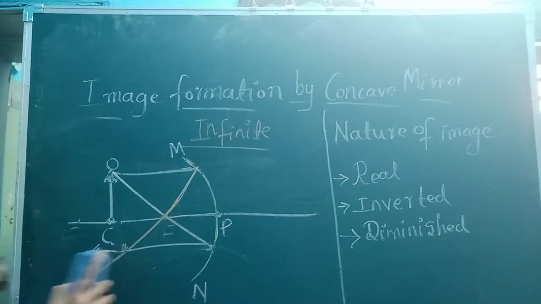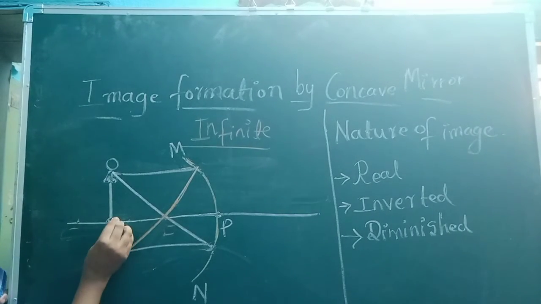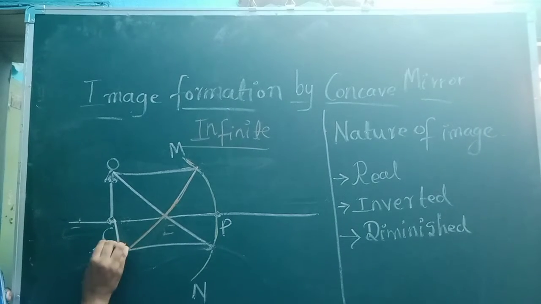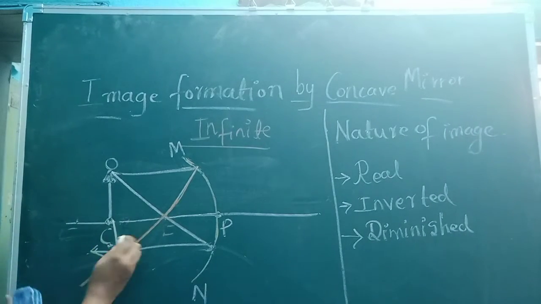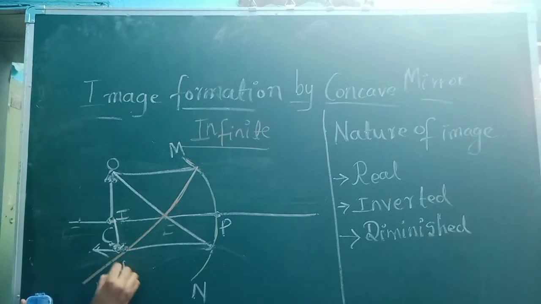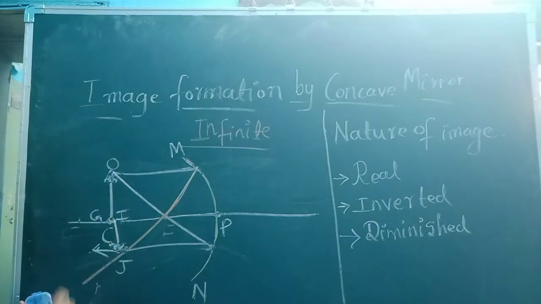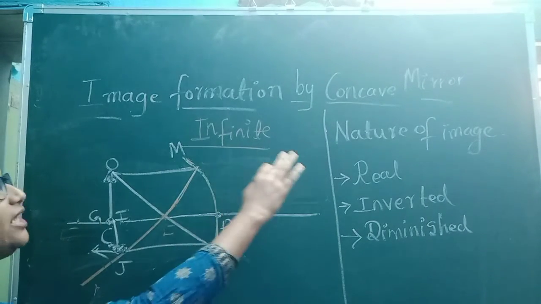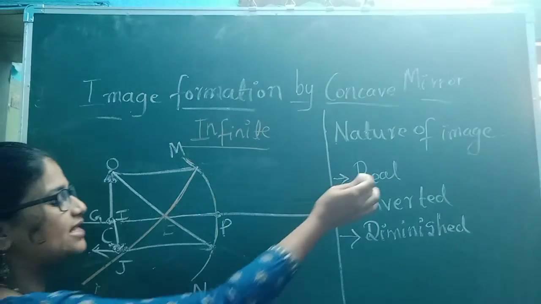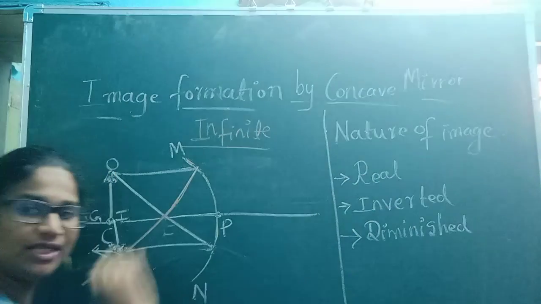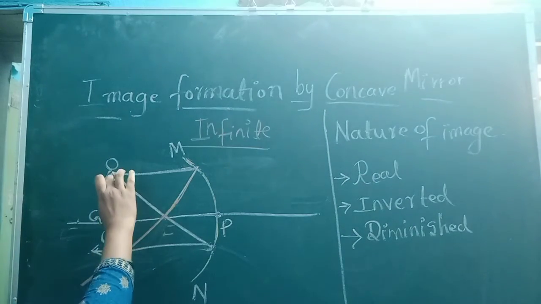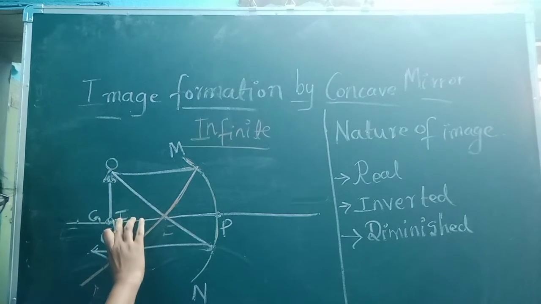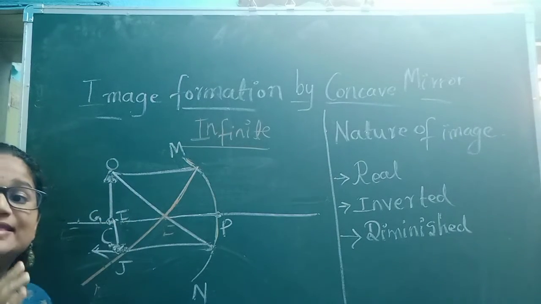So here what happens, the image will be formed exactly at the center of curvature. The image will be formed, that is IJ. This is OG. The image will be formed exactly at the center of curvature, and the nature of image will be the same, that is real, inverted and diminished. And the size of the object and the size of the image will be the same.